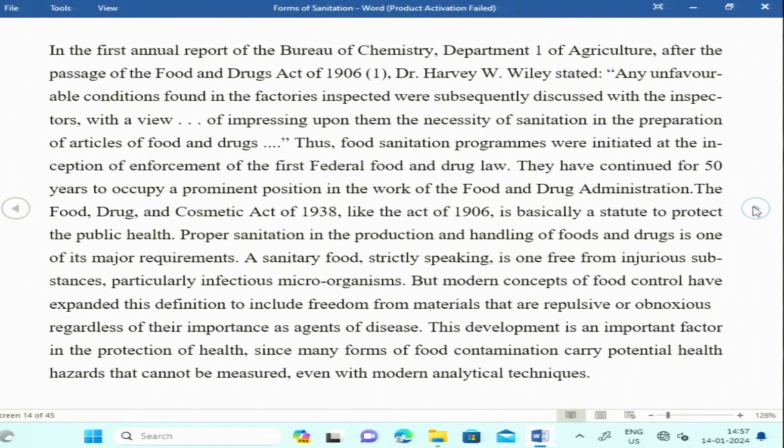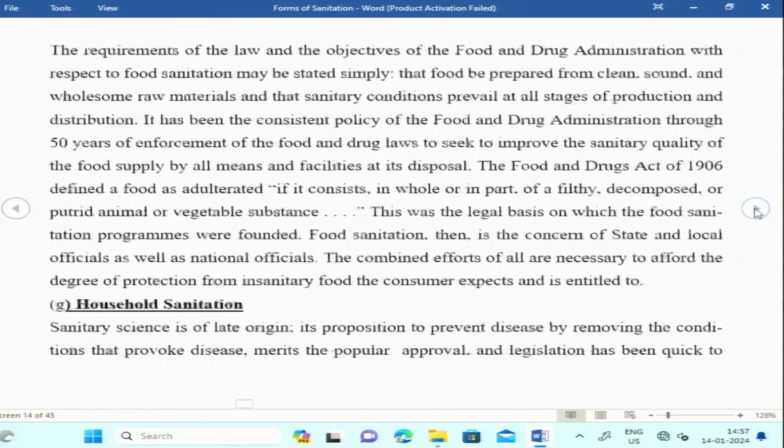but when we speak about the food sanitation program, we are basically speaking about the federal food and drug law which has to be implemented. We speak about the work of the Food and Drug Administration. We have to speak about the Food, Drug and Cosmetic Act of 1938, and various sanitary food standards, where providing good health conditions is going to be the basic thumb rule.